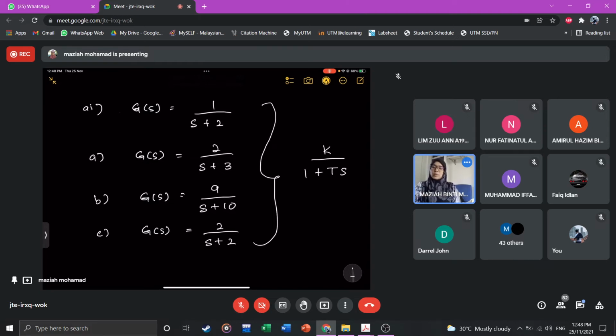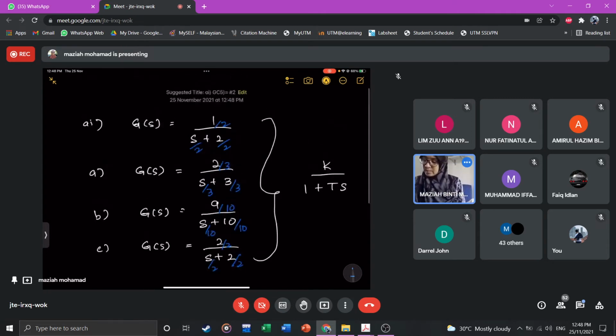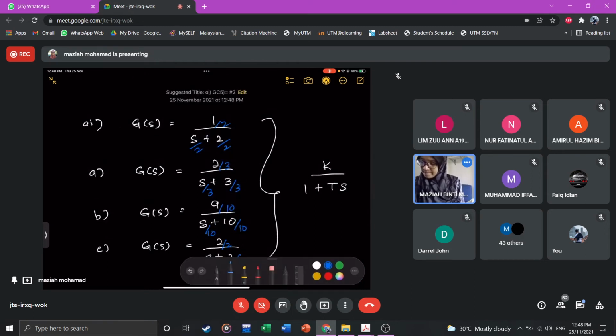So in order to get that, you need to divide this by 2, this by 2, divide by 3, by 3, by 3, divide by 10, by 10, by 10, and this one divide by 2, by 2, by 2. So what will be the value?